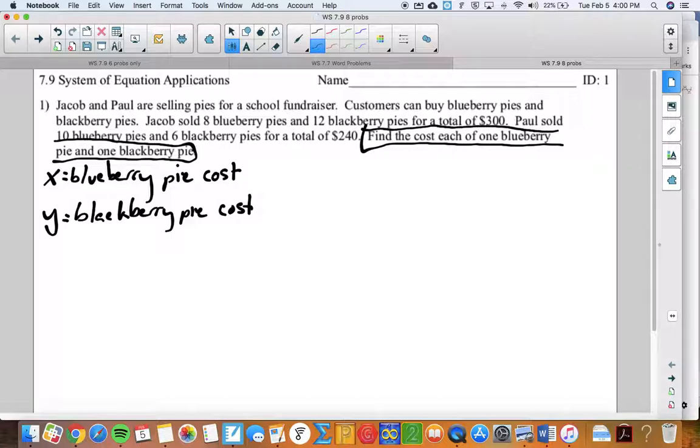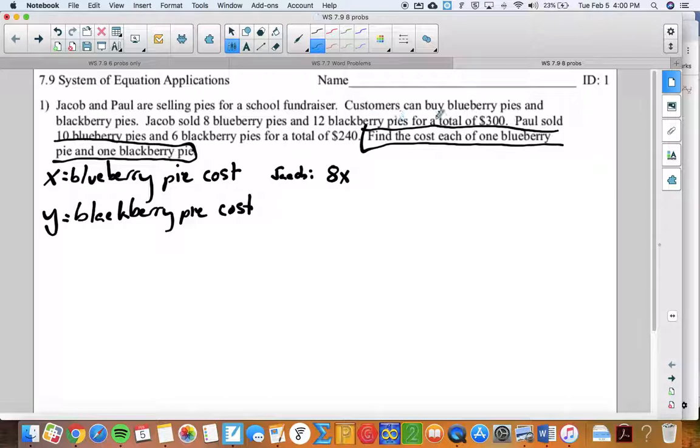So what I'm going to do is try to write an equation for Jacob. He sold 8 blueberry pies. If I knew the cost, I would take 8 times the cost, but I'm calling that x. So 8 times the cost is how much money he made from blueberry pies.